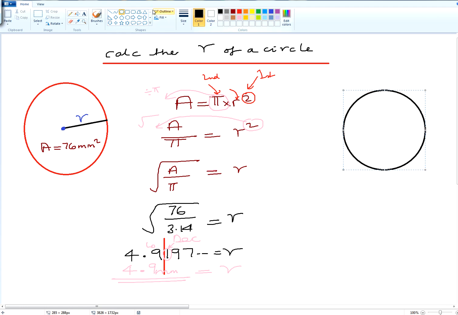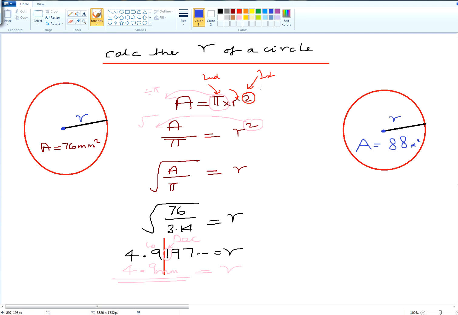So in this next question, we've got to work out the radius, and we've been told that the area is equal to 88 meters squared.